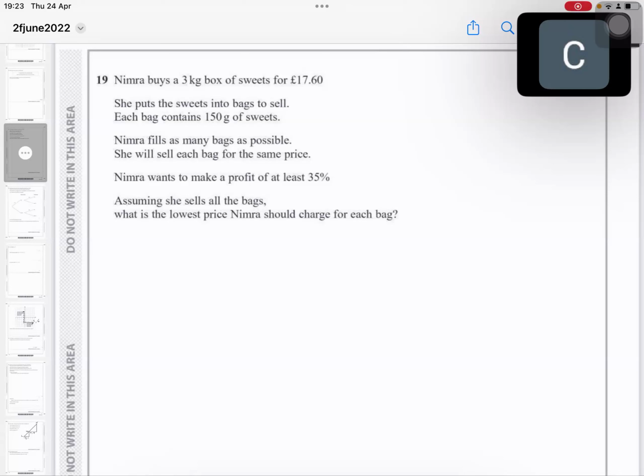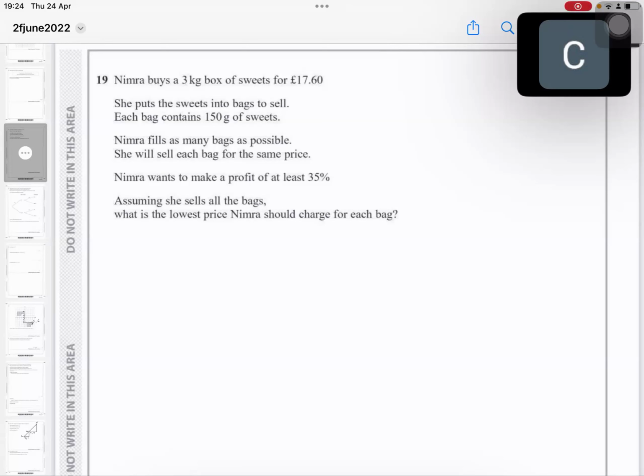For Nimra to make a profit of at least 35%, that's going to mean an increase in the price for her to make a profit on each bag.